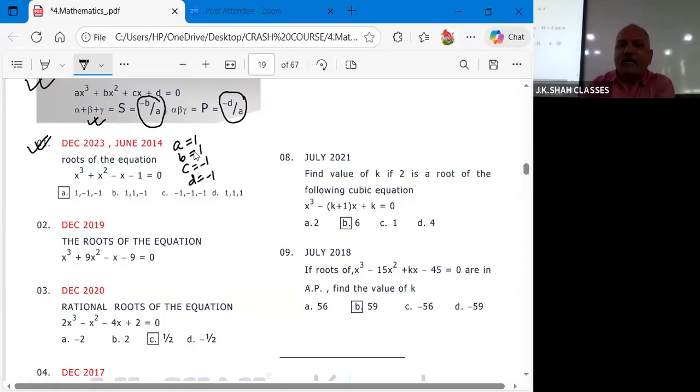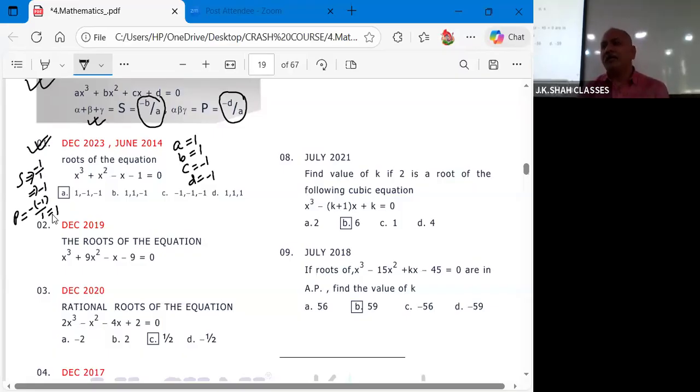So if I ask what should be the sum of roots, it was minus b by a, so minus b by a becomes -1. And if I ask what should be the product of roots, it will be minus d by a, so it becomes 1.